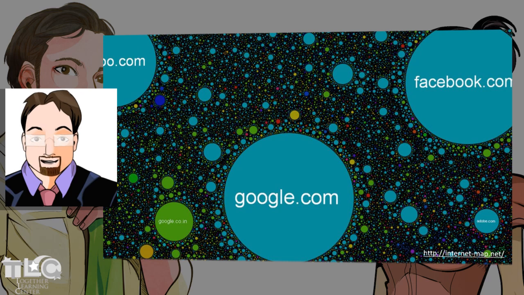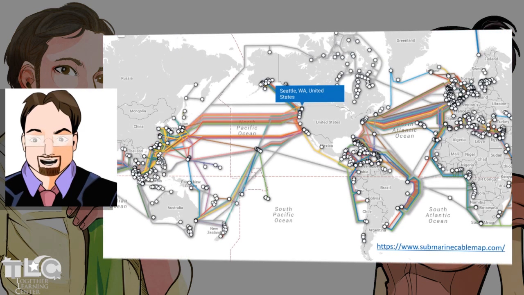We can visualize the internet in a couple of other different ways, and one of the ways is using the size and amount of traffic data that's being represented on the World Wide Web, the HTTP layer on the internet. We see this in the size of the bubbles here. Or we can think about the physical connections.